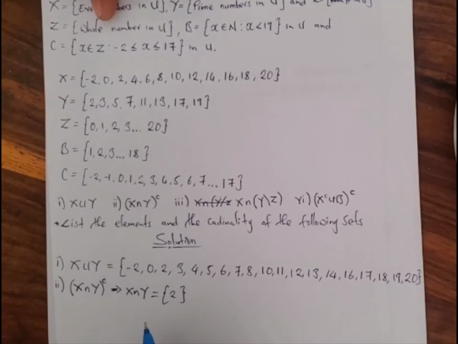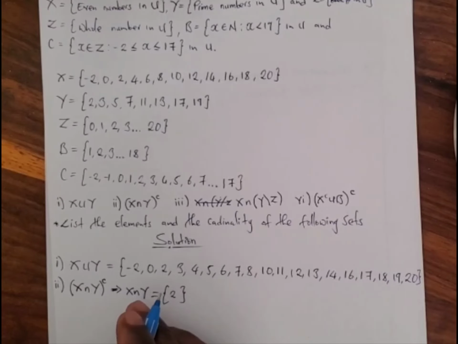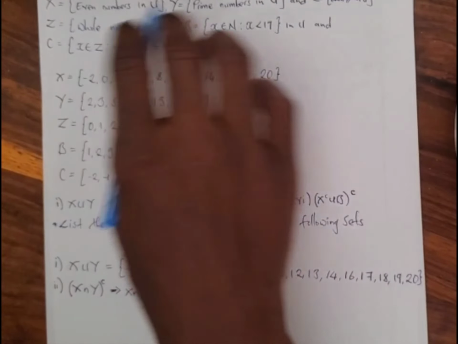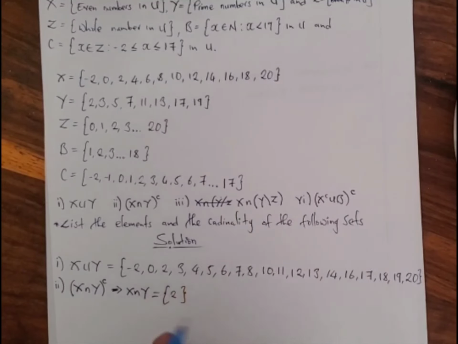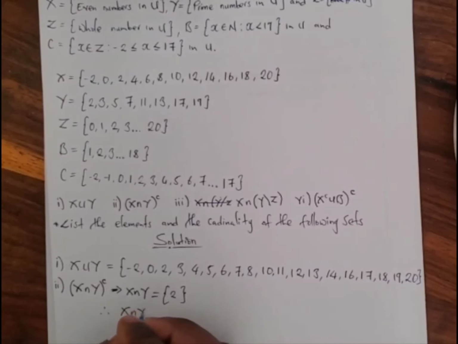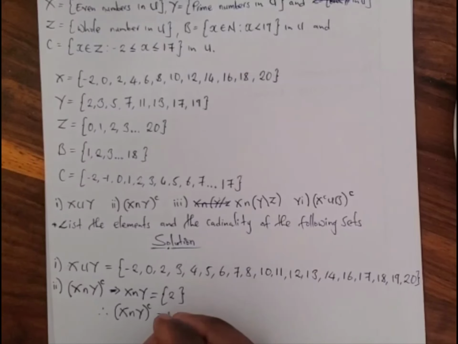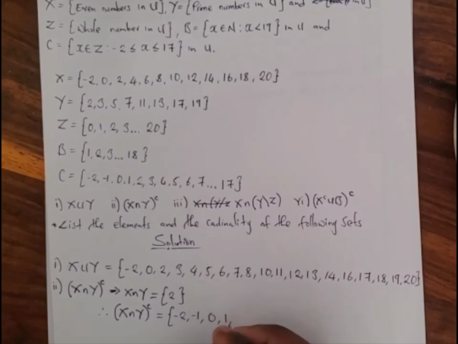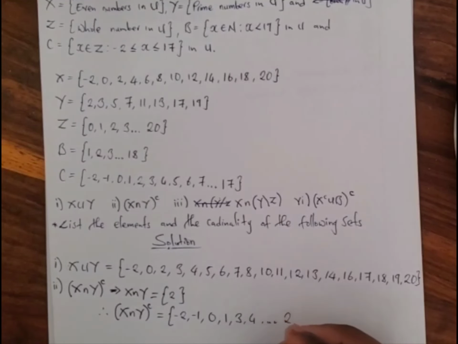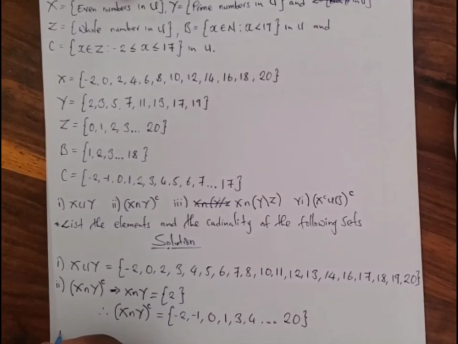Complement is exception, so you write the entire universal set except for X intersection Y. Therefore, X intersection Y complement is equal to the entire set except for 2: -2, -1, 0, 1, 3, 4, and so on up to 20. That's all.